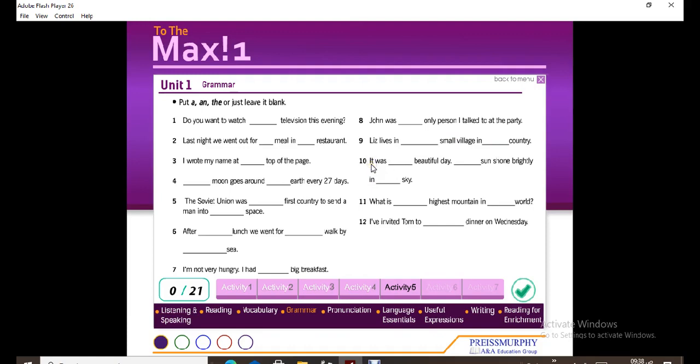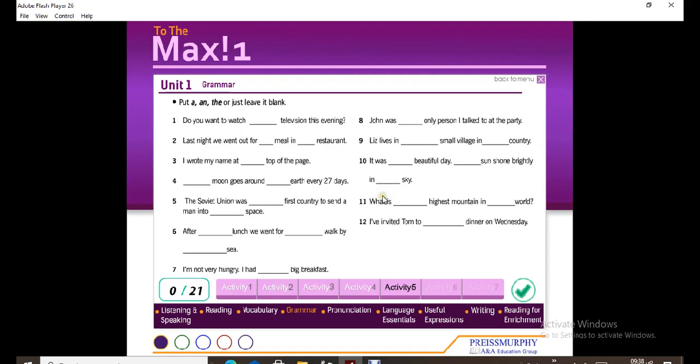It was a beautiful day. The sun is one of its kind, so I'm going to write the sun shone brightly in the sky. Also, the sky is one of its kind.